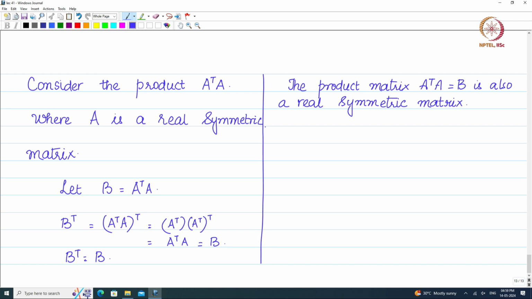Similarly, we can also look at the product A transpose, equal to say some C matrix, which is also symmetric.